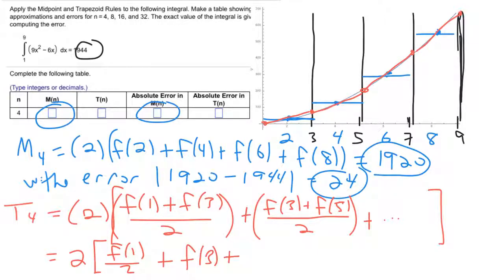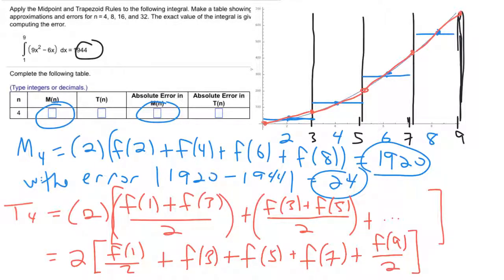I'll have f of 5 over 2 twice. I'll have f of 7 over 2 twice. And I'll have the f of 9, the very rightmost point, I'll only have that over 2 once. So this is the formula that you'll see written in the book, and all it is is a simplification of the one above it.